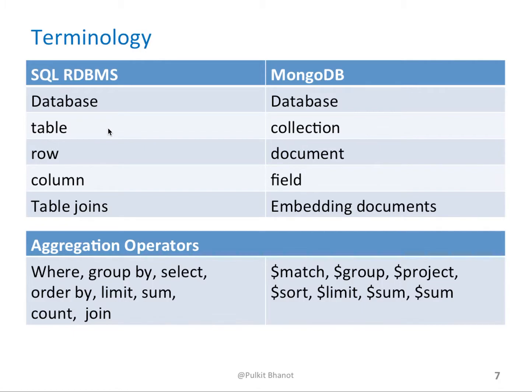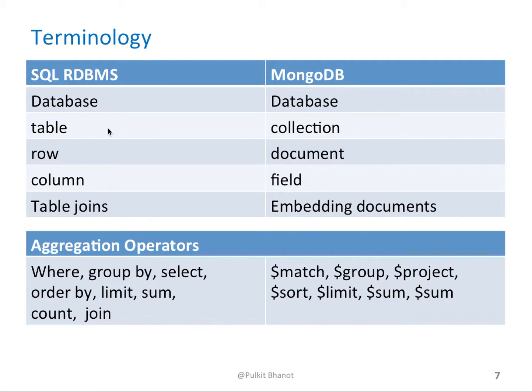So, terminology: how MongoDB uses some words differently than RDBMS. A table in the RDBMS ecosystem maps to a collection in MongoDB. A row is referred to as a document. A column is referred to as a field. In RDBMS, we generally used to have joins between tables.